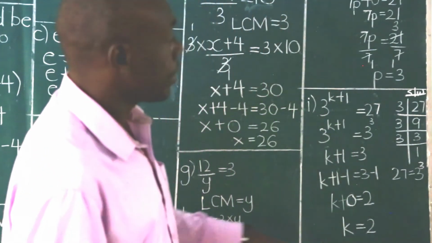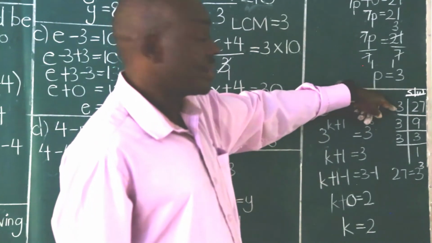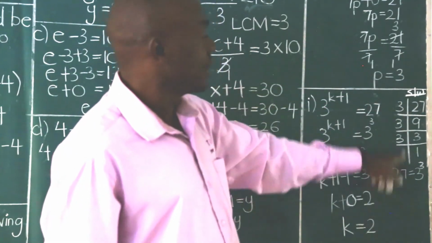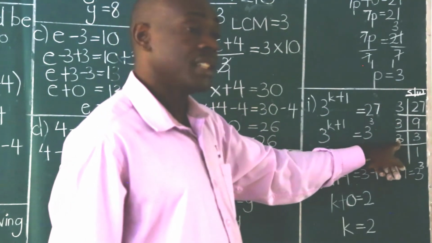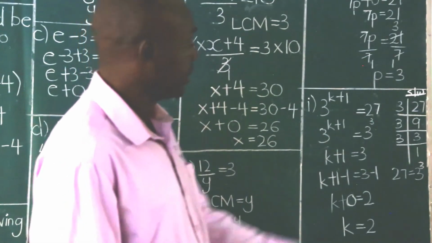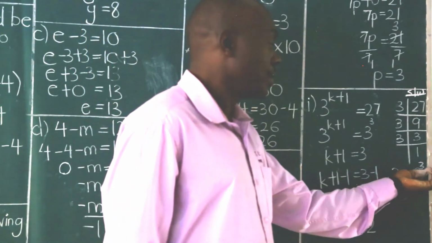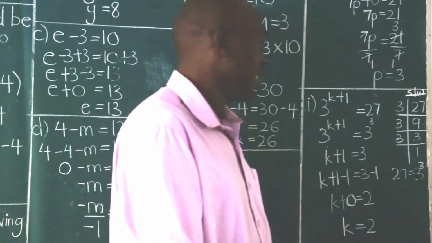So count the powers of 3 in 27: the first, the second, and the third. Meaning 3 index 1, 3 index 2, 3 index 3. So 27 is equal to the third power of 3, or 3 cubed, or 3 index 3, according to your wish.